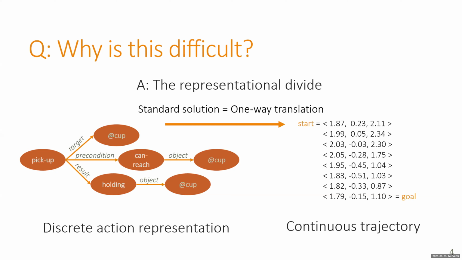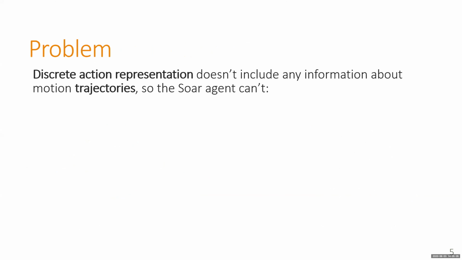And the one-way translation and the separation here actually causes a lot of problems. They all come down to the central problem that discrete action representation doesn't include any of that geometric information I was talking about. And so here are a few things that Soar agents can't actually do with regards to motion.